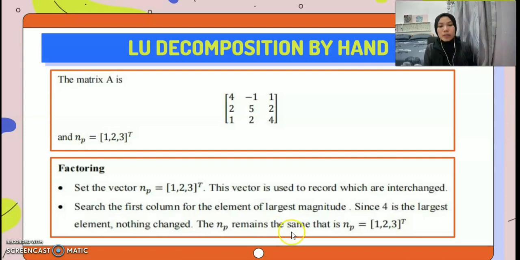The NP remains the same, that is NP equal to 1, 2, and 3. If 4 were in the second row, we would need to interchange the rows, and the NP would be 2, 1, and 3. But for this matrix, since 4 is the largest magnitude, there is no need to swap the rows, and the NP will remain the same, which is 1, 2, and 3.